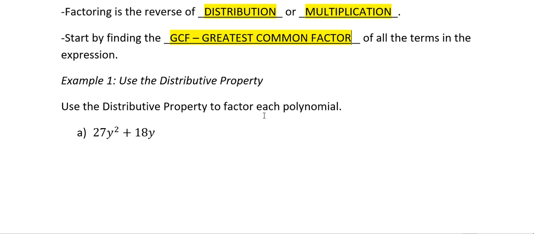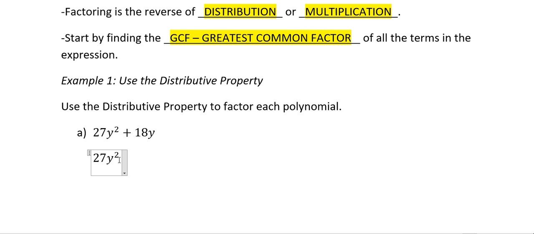I'm going to jump back and forth between the PDF because we're going to make factor trees. So we're going to start by saying we have to write 27y squared in factored form.